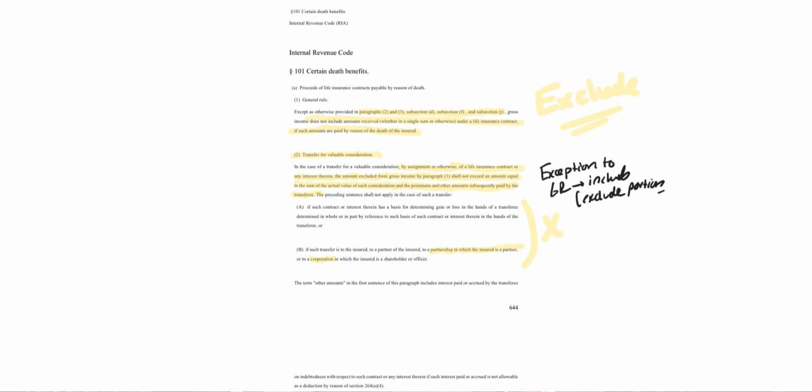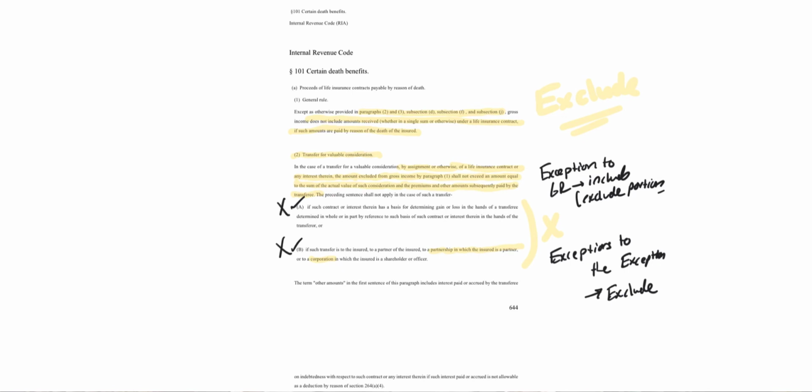And then these two things, A and B, are the exceptions to the exception, right? This is to show you that in tax law there are exceptions to the exception, and that would go back to the general rule, which is exclude. But we don't meet those, unfortunately. We actually do not meet those.